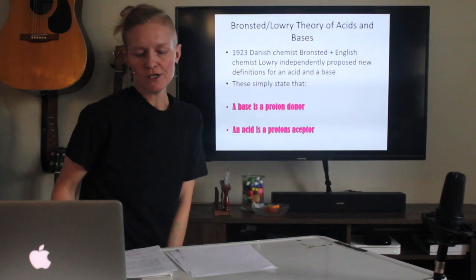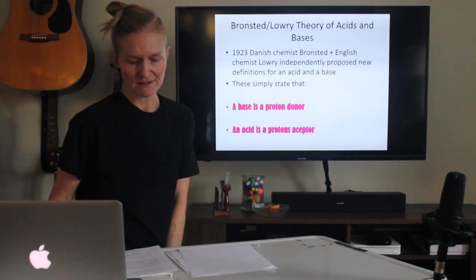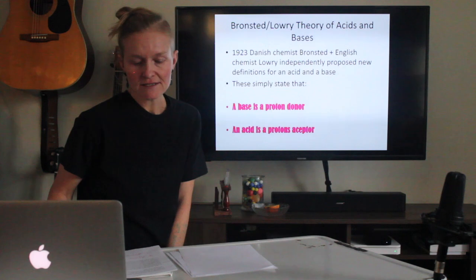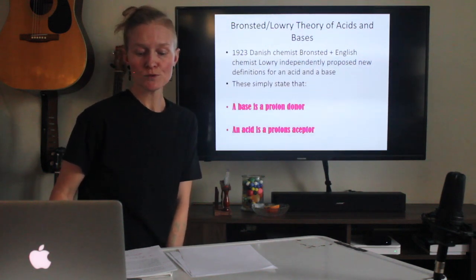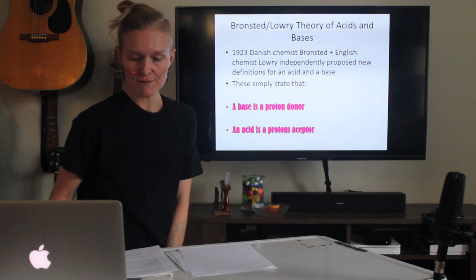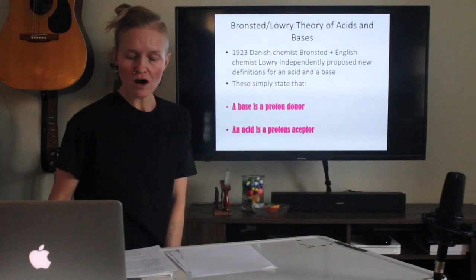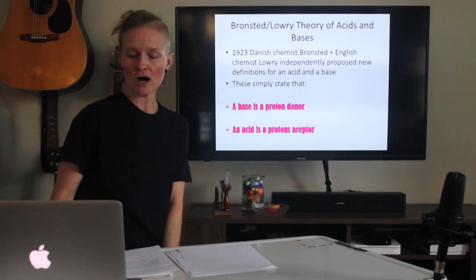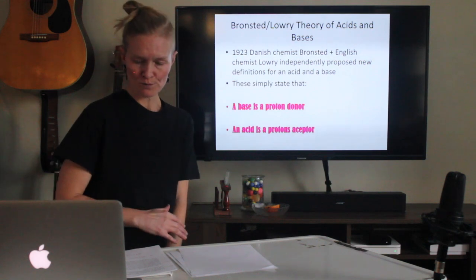In 1923, another definition was developed for acids and bases. Simultaneously, but independent of each other, Danish chemist Johannes Bronsted and English chemist Thomas Lowry proposed that acids are any compound that can donate a proton, and a base is any substance that can accept a proton.